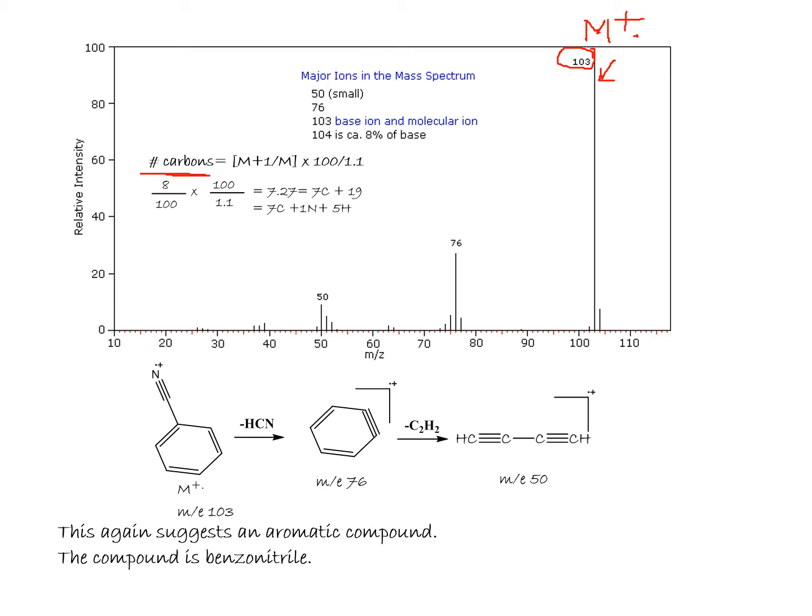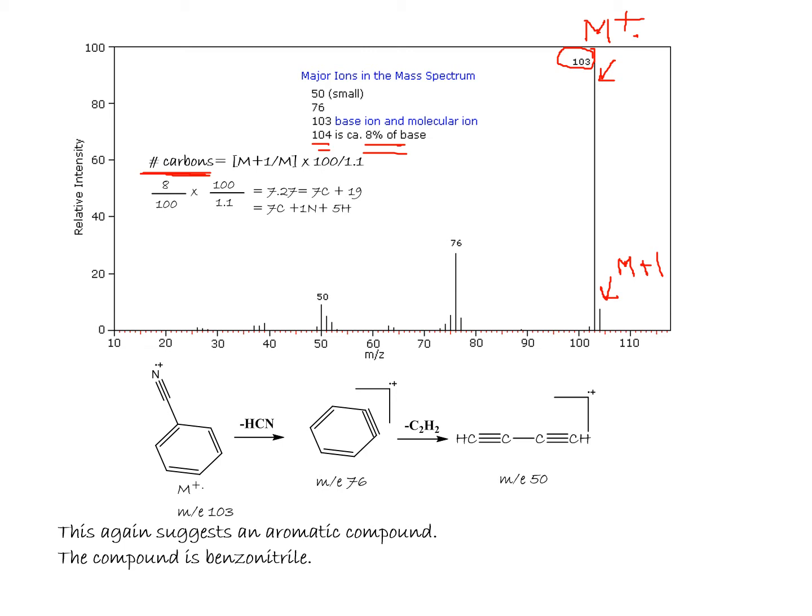What is the number of carbon? Because I see here 104, 8%. So this is M and this is M plus 1.